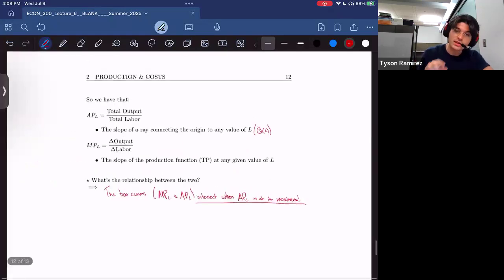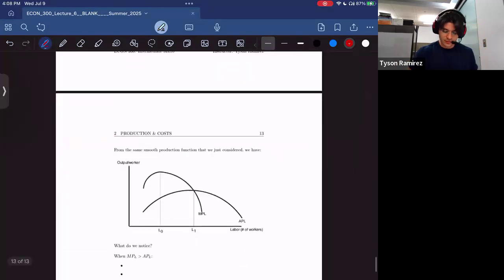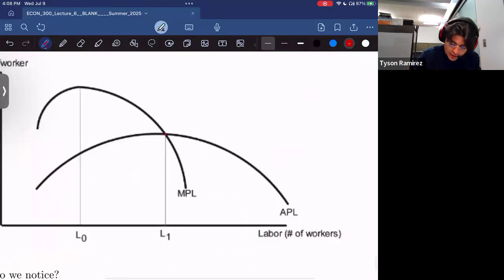So that is how those two connect. We connected total product to marginal product, total product to average product, and then we just connected average product to marginal product. So we got the whole triangle going, right? And as I just said, the average product is at its maximum when the two curves cross.